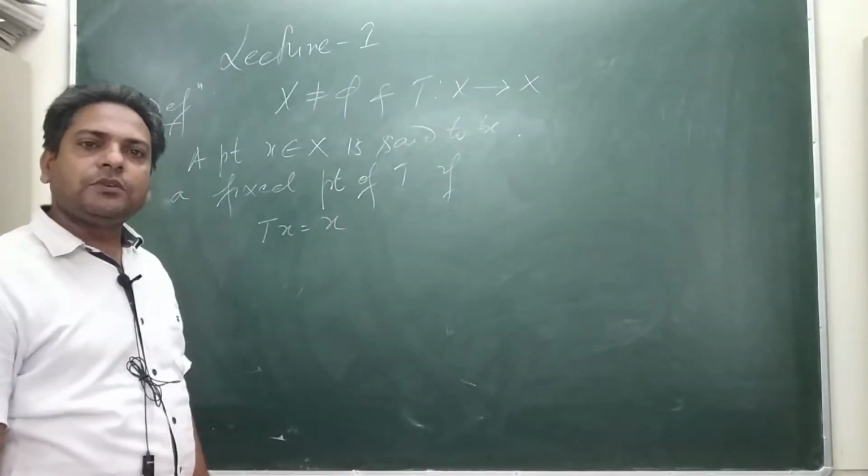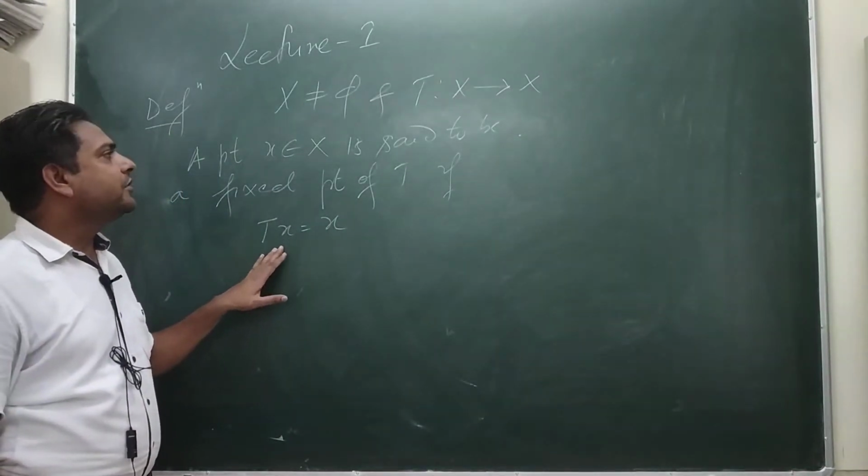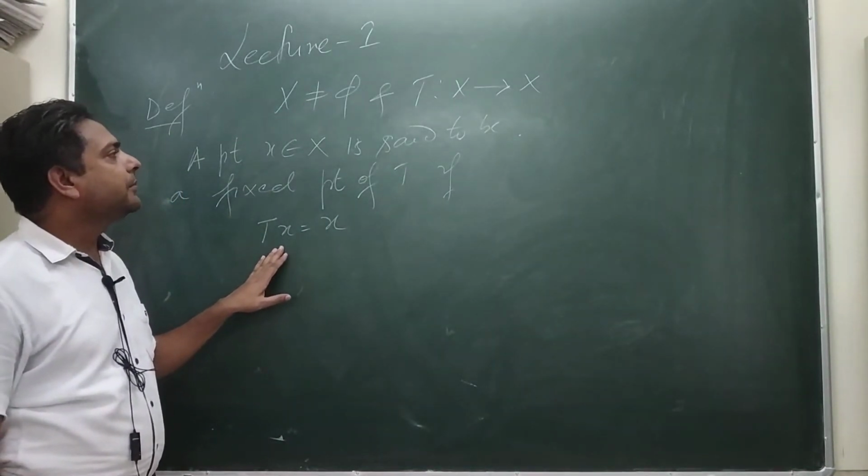That is, the given point is invariant under the given transformation or mapping, and such a point is called a fixed point of the map.